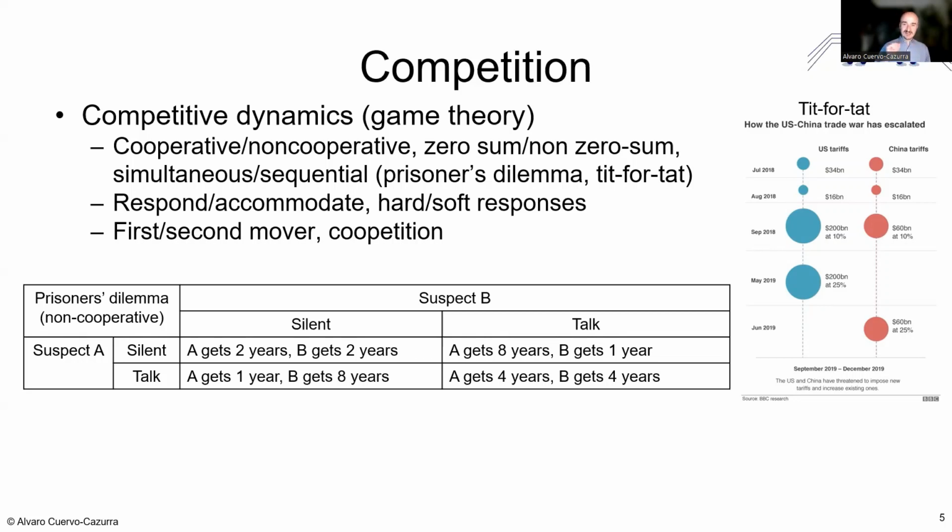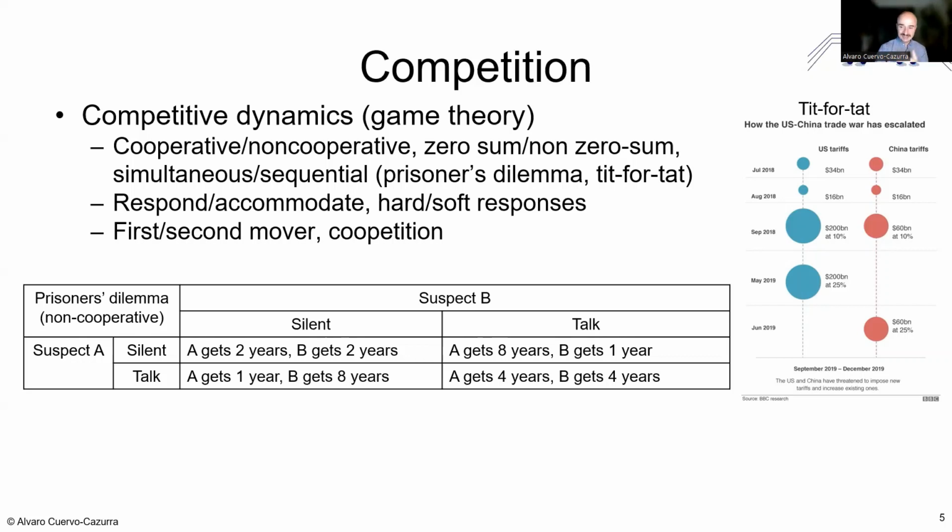So it is 34 billion, then the US government decided to add more tariffs, another 16 billion. The Chinese government decided to do the same thing. Then it was 200 billion, because to some extent that was the difference in the trade flows. China went with 60 billion, which was the remaining, at 10%, then it was 25%, then it was 25%.